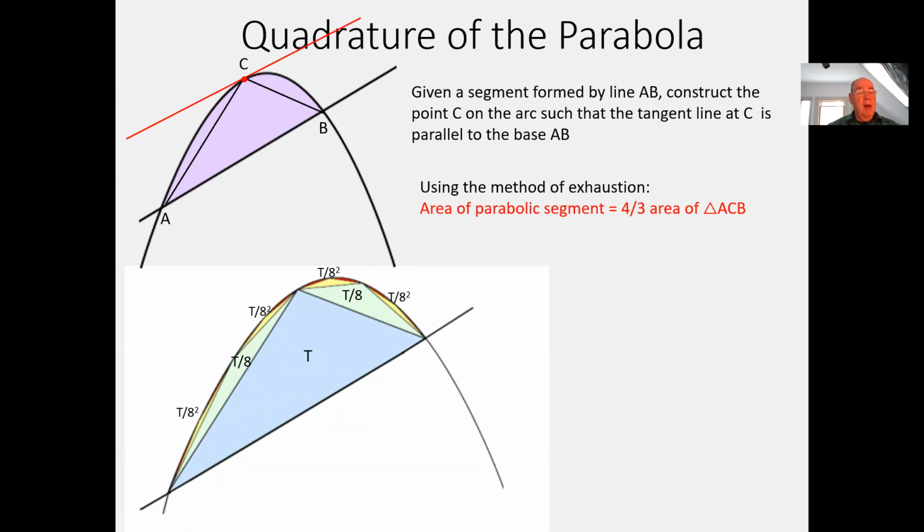It's not just some arbitrary point anywhere on this curve, but he picks the point that will give him a parallel tangent line. And that triangle turns out to be a simple percentage of the entire segment. He's able to show that the entire segment is 4/3 the area of that big triangle enclosed.